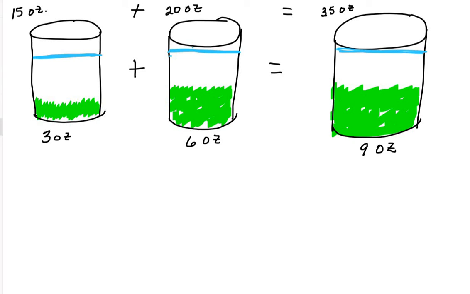And I have a second equation, 3 plus 6 equals 9, and that's based on the amount of the green stuff. So what we're going to be doing with our problem is we're going to be using this same type of thing. We're going to write an equation that's based on the total amount of solution, and we're going to write an equation based on this stuff that's in the solution, in our case, hydrochloric acid.